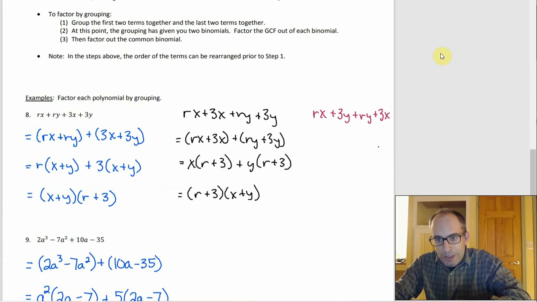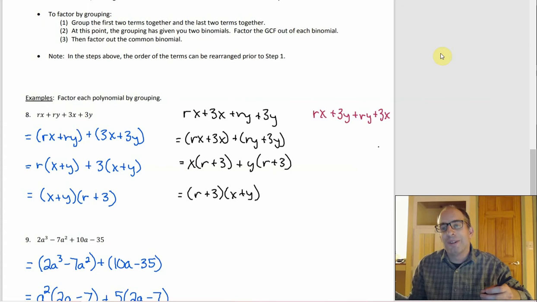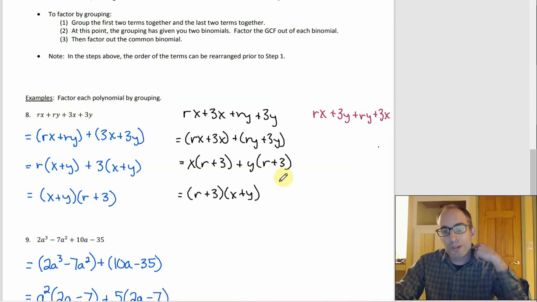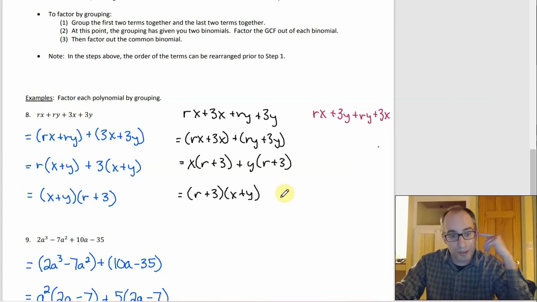Like if you had this, you couldn't do anything the way that they're currently arranged. And this would be a situation where you'd want to rearrange the order, right? Because the way it is now, it doesn't work. So you think, well, either I need to put the 2 with R's in them next to each other, or the 2 with X's in them next to each other, or something like that, right? But yeah, like, see, you can switch the order around and you'll still get the same answer.